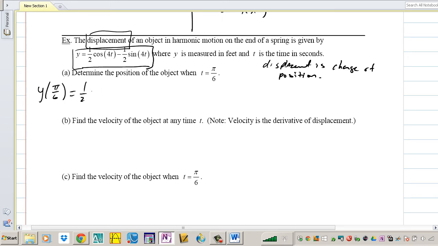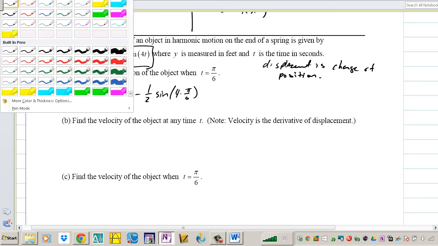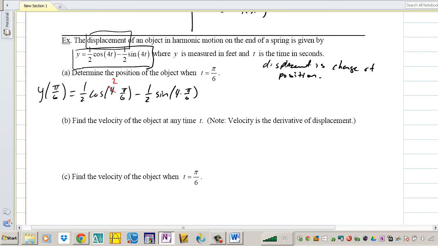So it's 1/2 cosine of 4 times pi over 6 minus 1/2 sine of 4 times pi over 6. Well, this becomes 2/3, so it's really just 2/3 pi. 1/2 cosine of 2/3 pi minus 1/2 sine of 2/3 pi.